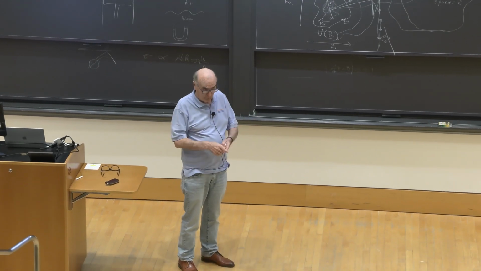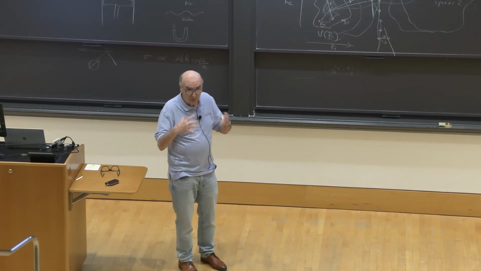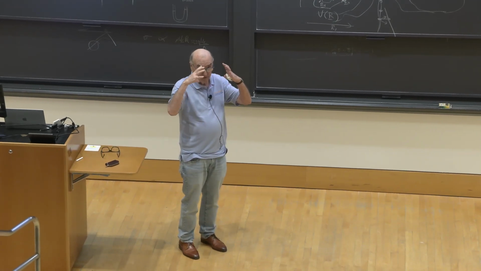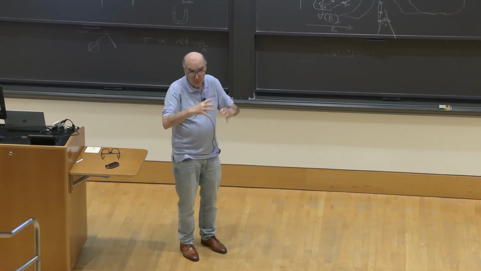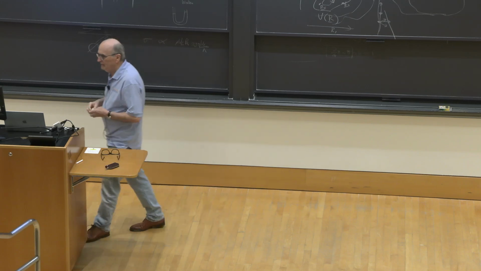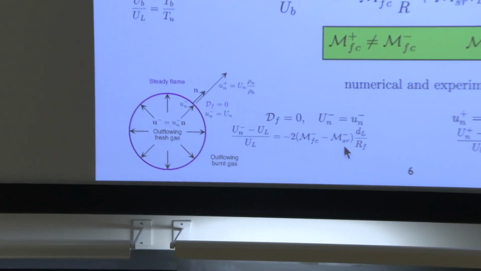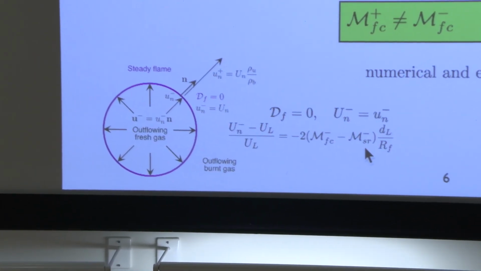And you have a spherical flame outside, which is stabilized at the velocity of the gas, which is equal to the laminar flame speed. In that case, it's easy to prove that the difference of flame velocity is the difference of these two Markstein numbers. Not difficult to prove that.